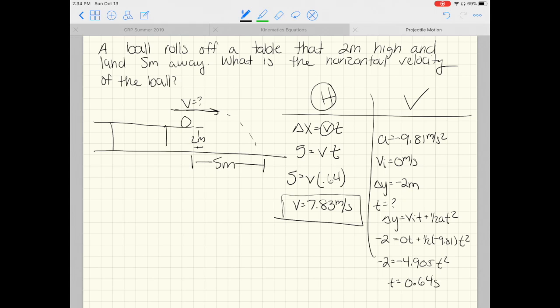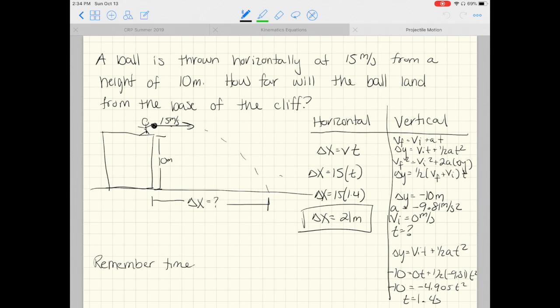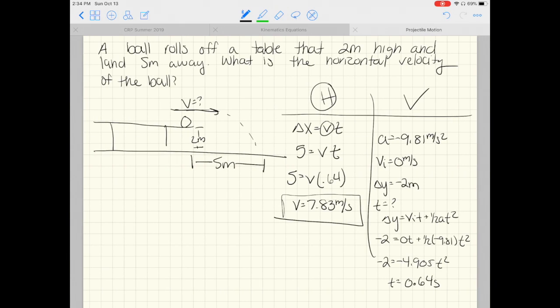And that's how we use a horizontal launch. The key to a horizontal launch is to know that my initial vertical velocity will be 0, and my initial horizontal velocity will be whatever it rolls off the table with, and I just plug in things where they go, remembering that the horizontal motion is always constant velocity and always uses the same equation.